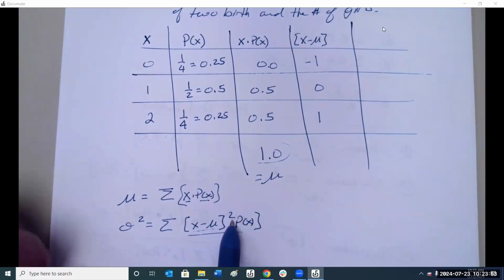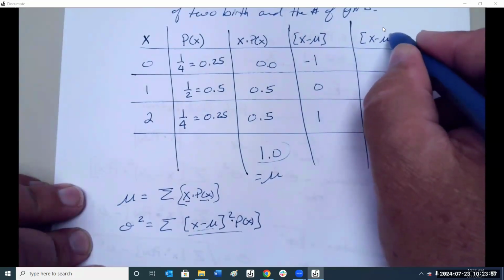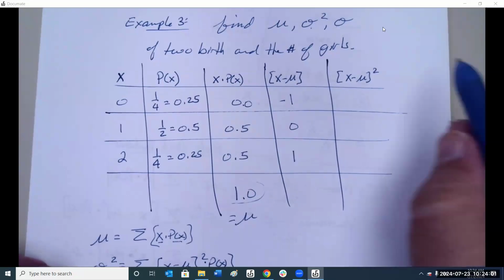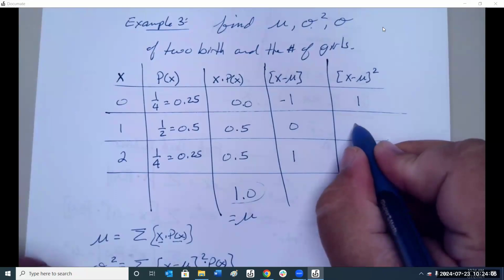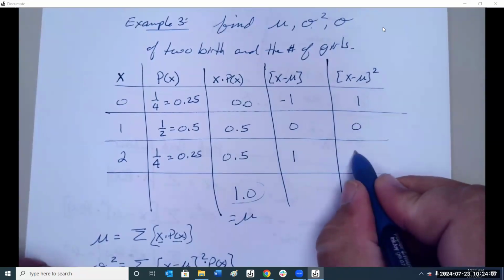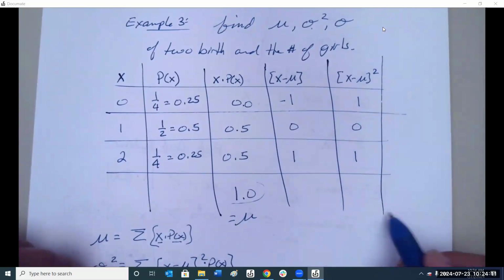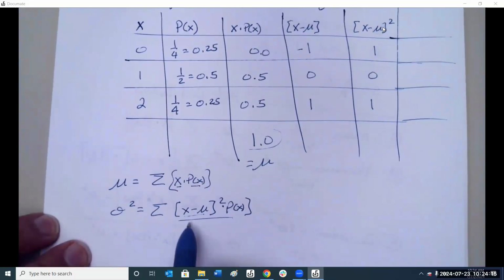Now we got to square those. So the x minus mu squared. Negative 1 squared is 1. 0 squared is 0. 1 squared is 1. So we just built this part.